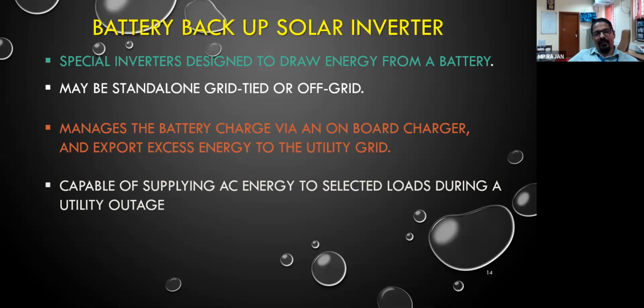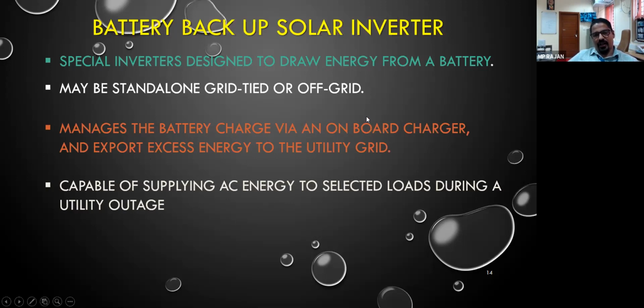The main advantage as far as the on-grid system is concerned, as we discussed in the last class also, the main disadvantage of on-grid is that when there is no grid supply, there is no supply in your house either. But in this case, some of the loads can be connected to the inverter with the battery, even though there is no supply from the grid.